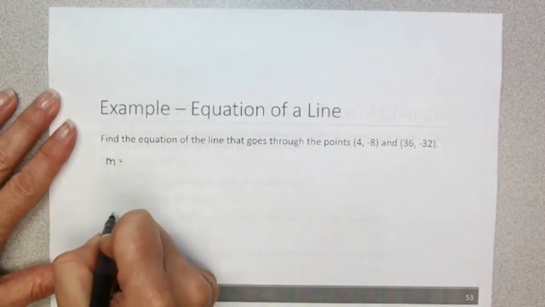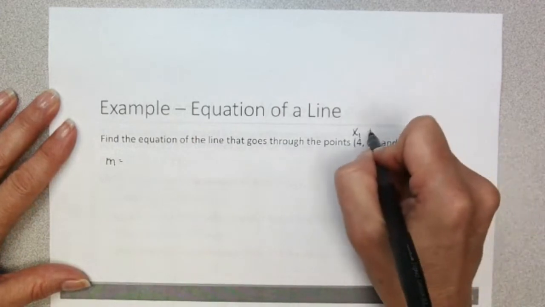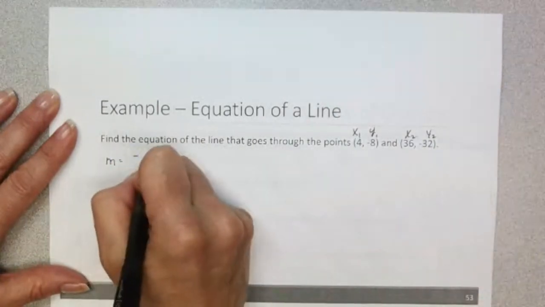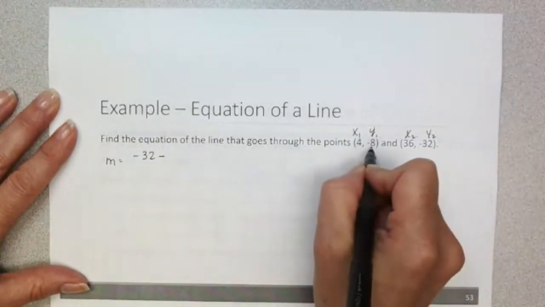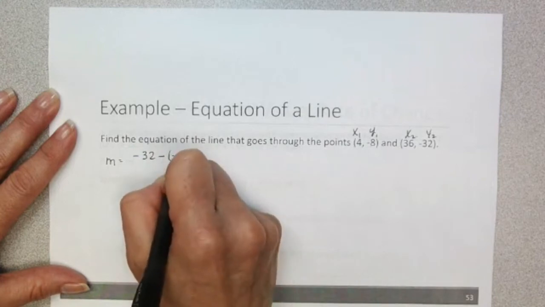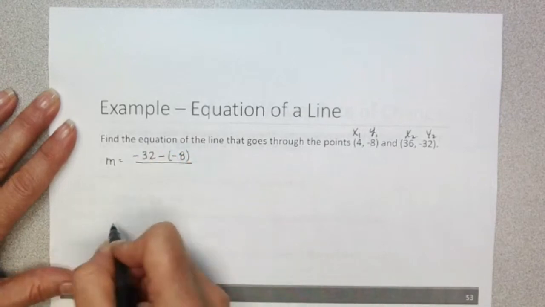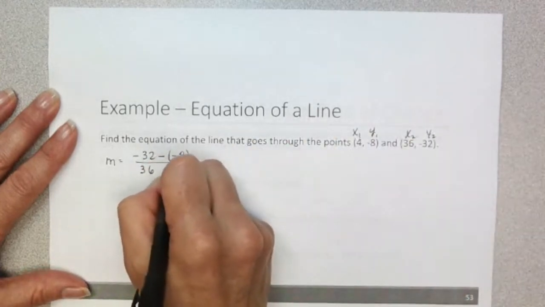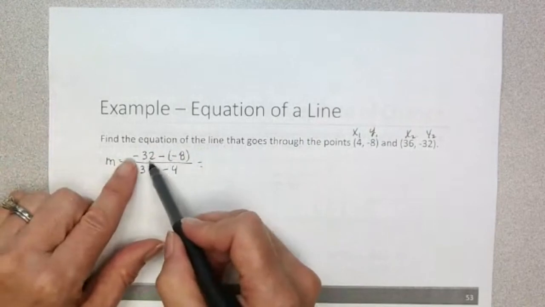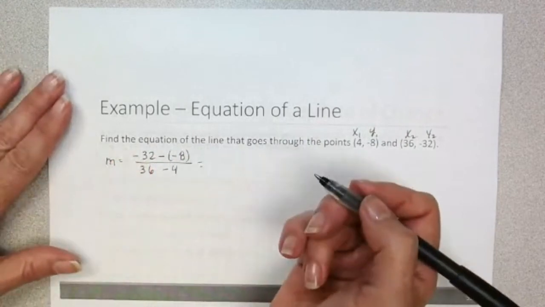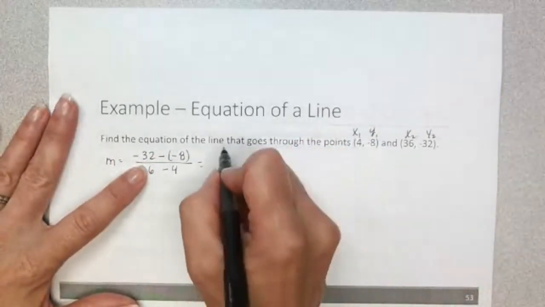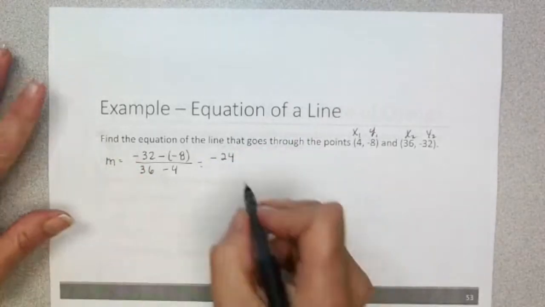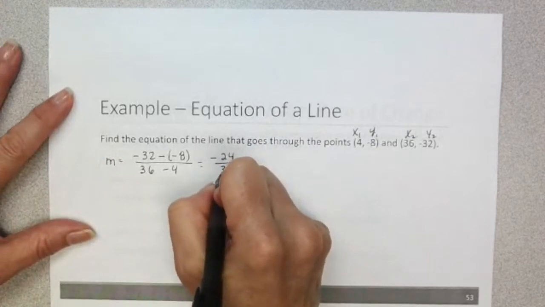Let's calculate the slope, y2 minus y1 over x2 minus x1. Here's an x1, here's a y1, an x2, and a y2. y2 minus y1 is going to be -32 minus -8, divided by x2 minus x1, that's 36 minus 4. So -32 plus 8 is going to be -24, and 36 minus 4 is going to be 32.